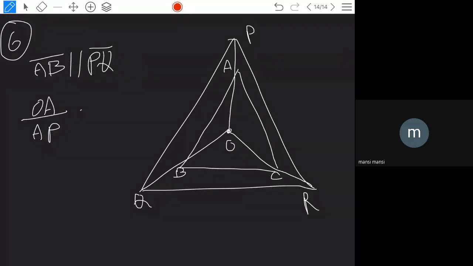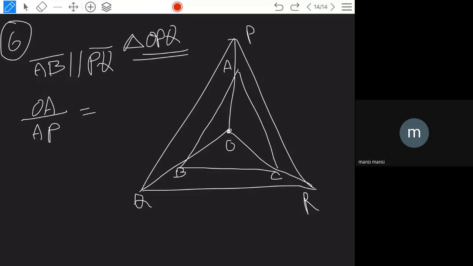When AB is parallel to PQ, the triangle to be considered is triangle OPQ. I'm not explaining with the proper steps here, this you can do it, just giving the explanation. You need this OPQ triangle to be taken into consideration.